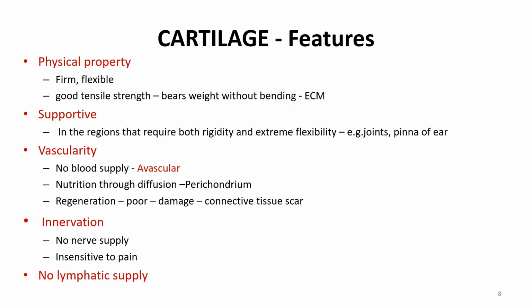Regarding innervation, it has no nerve supply, hence it is insensitive to pain, and it has no lymphatics. So the cartilage has no blood supply, no nerve supply, and no lymphatic supply.